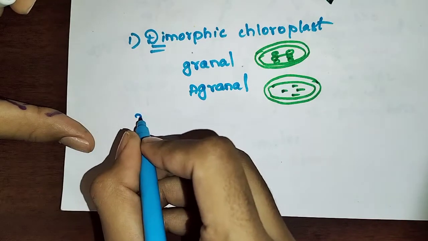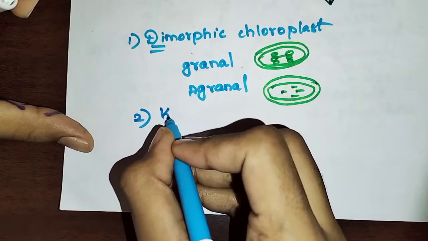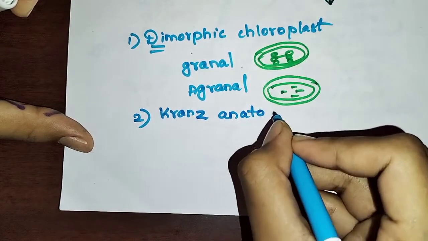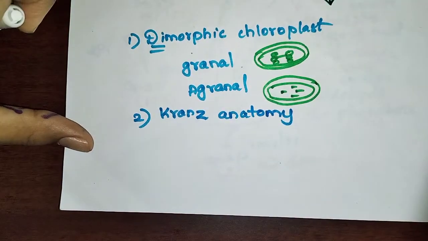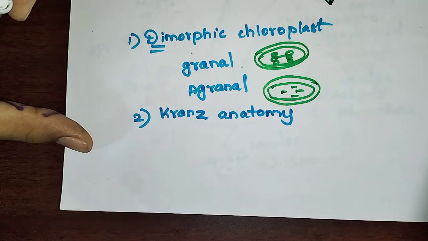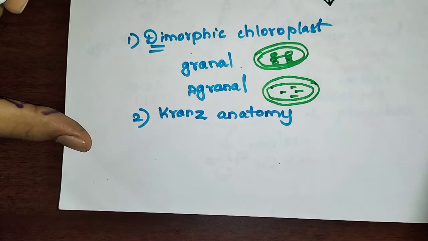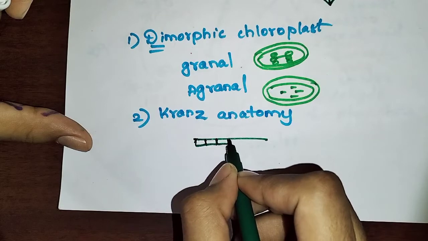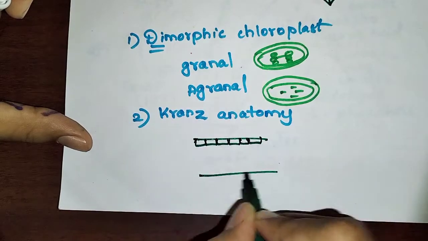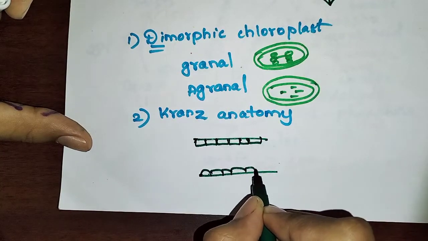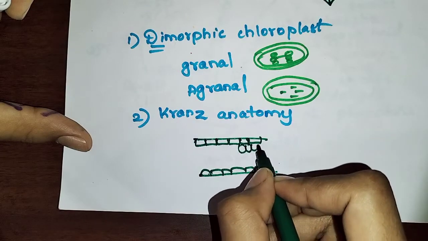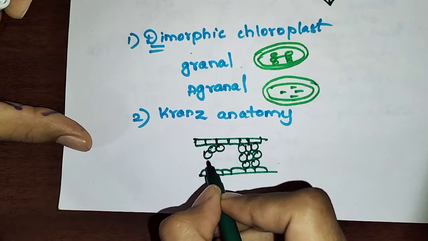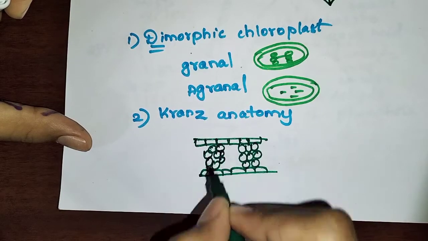The next one, Kranz anatomy. What is Kranz anatomy? If you see this pathway, see a leaf. Upper epidermis we have, and the lower one. As it is a monocot plant, there is no difference, so the mesophyll cells are the same like this.